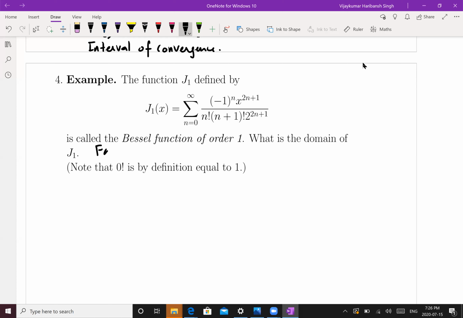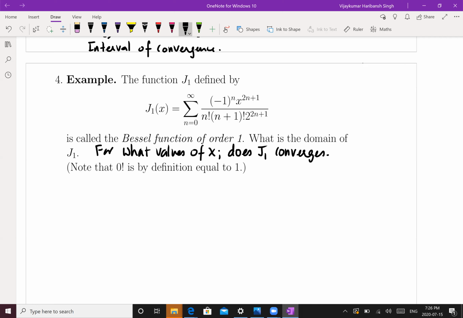So for what values of x does J1 converge? Otherwise, you can't write J1 of x equals to infinity, right? If it doesn't converge, right?